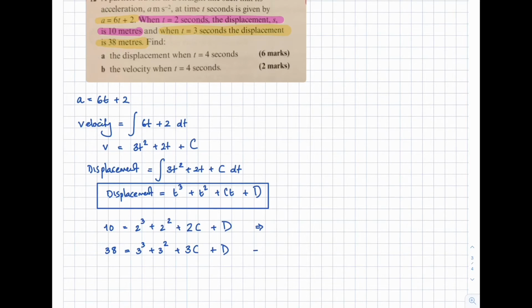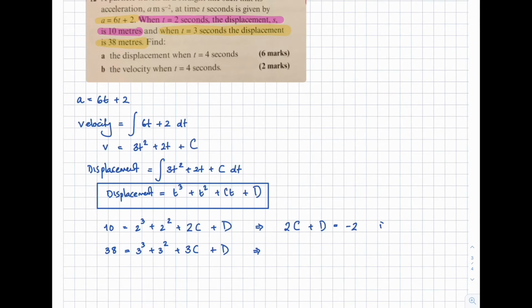Right, I just need to tidy up each of these two equations now. 2 cubed is 8, 2 squared is 4, 8 plus 4 is 12, 10 minus the 12 gives you minus 2, so in other words 2c plus d is equal to minus 2.